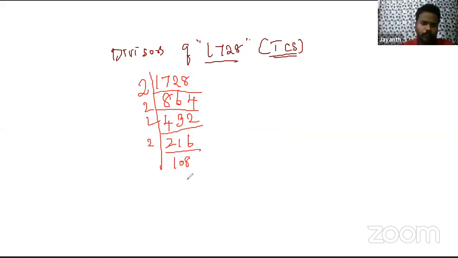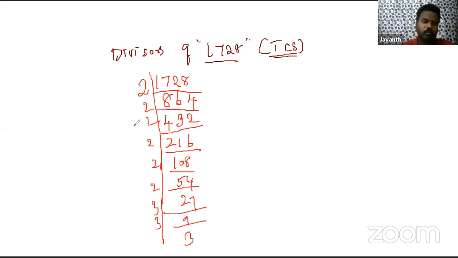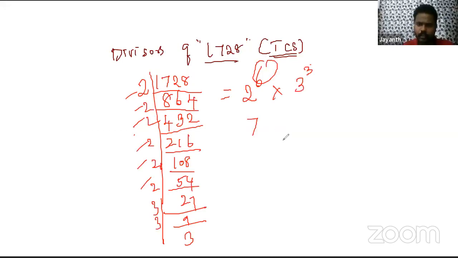Dividing by 2 gives 54. Then 27. 27 is nothing but 3 cube. So how many 2s? 1, 2, 3, 4, 5, 6. Good. So it can be expressed as 2 power 6 into 3 power 3. 6 plus 1 is 7, 3 plus 1 is 4. So 7 fours are 28.